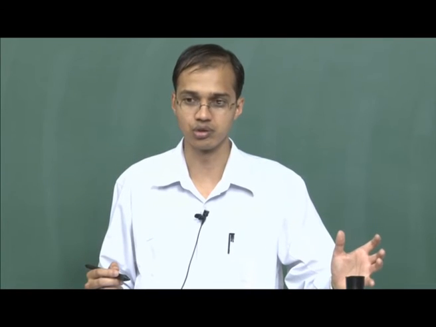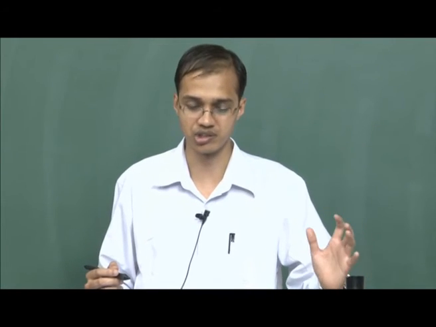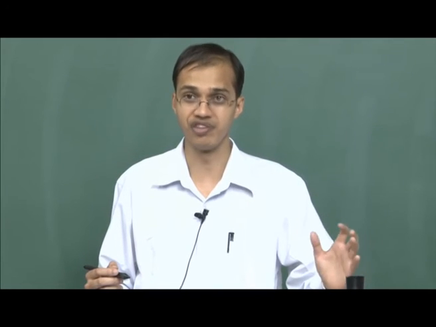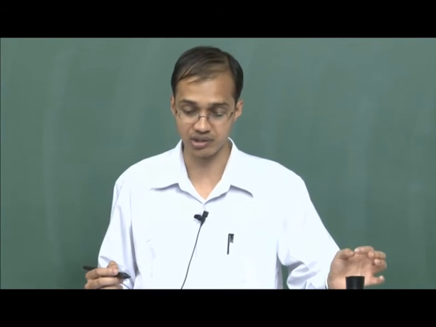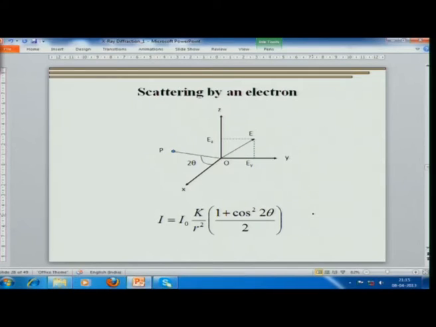Actually, diffraction builds up from the interaction of the wave with the electron, essentially the scattering of X-rays from an electron by what is known as the Thomson effect, which tells us how the intensity of the X-rays varies when it interacts with an electron at an angle theta.